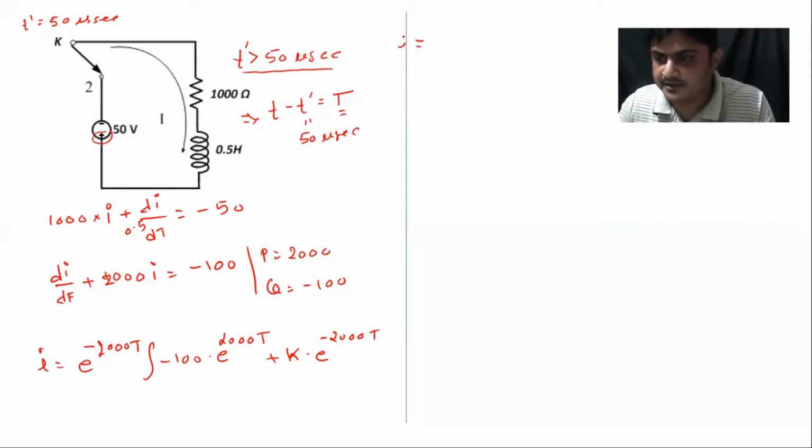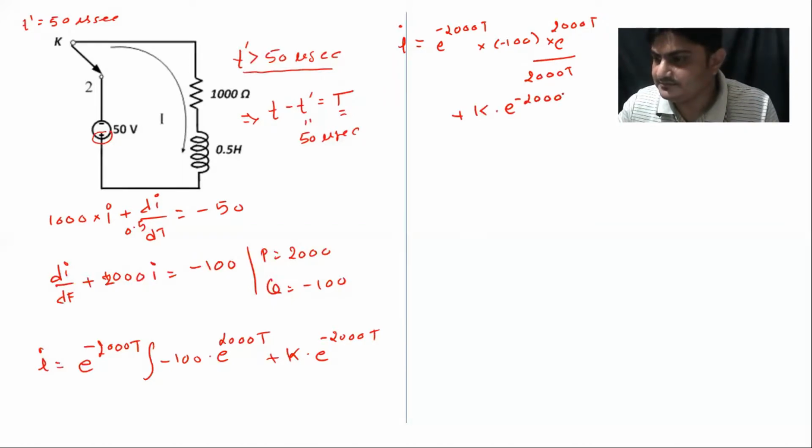So I will get my current I equal to e raised to minus 2000 t. Then minus 100 taken out of the integration, then e raised to 2000 t divided by 2000, sorry, 200 t, plus k e raised to minus 2000 t.